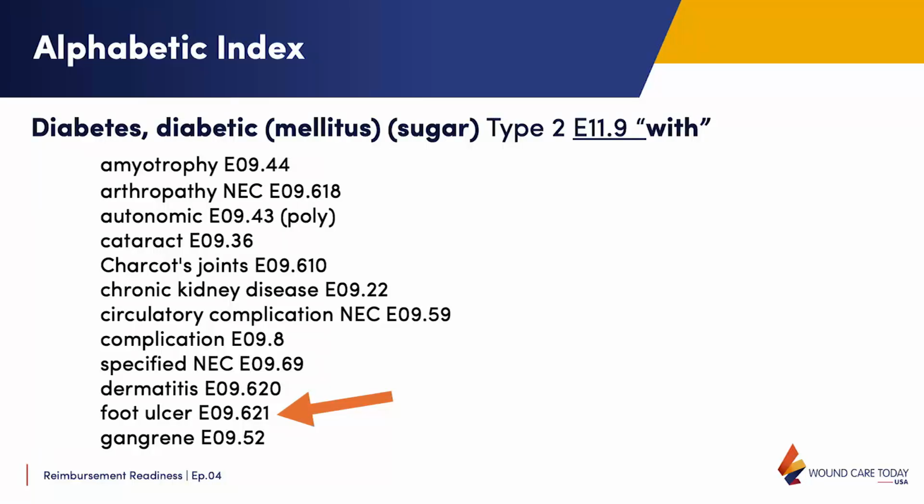But underneath whichever diabetic type you have, there's going to be a series of subterms that are underneath it. And you can see amyotrophy, arthropathy, and so forth. But if you go all the way down, you'll see foot ulcer at E09.621. So that is actually where you're going to look in the alphabetic index to try to find these codes.